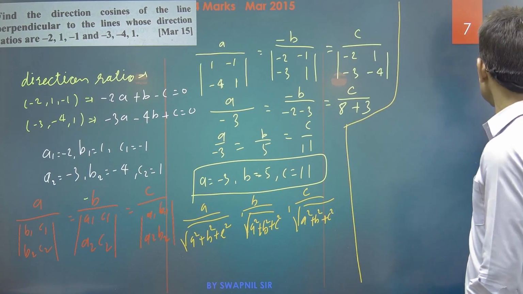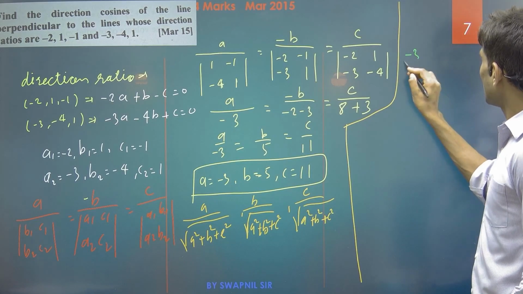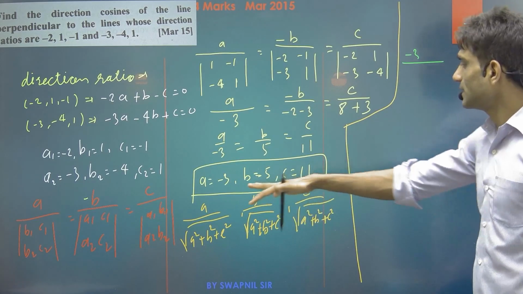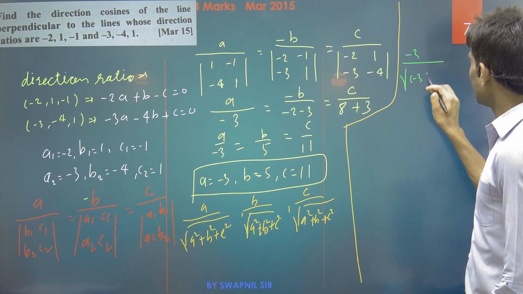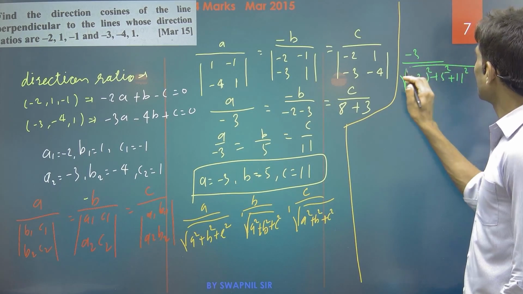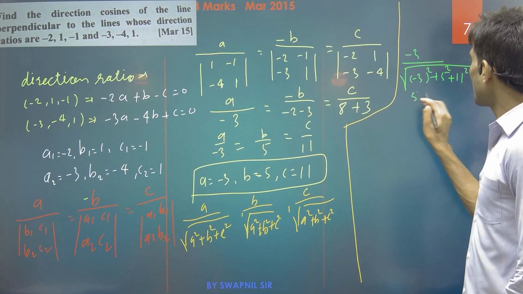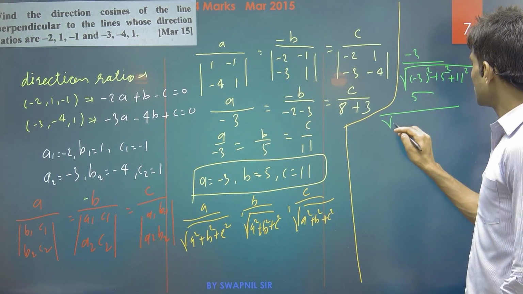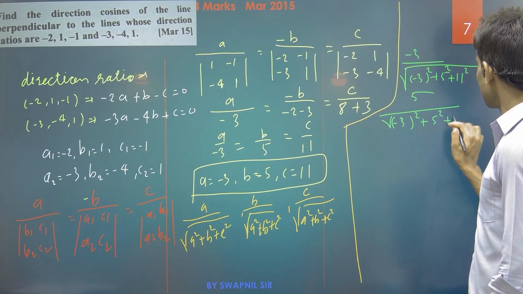Next, put the value for A, which is -3, upon the square root of -3 square plus 5 square plus 11 square.